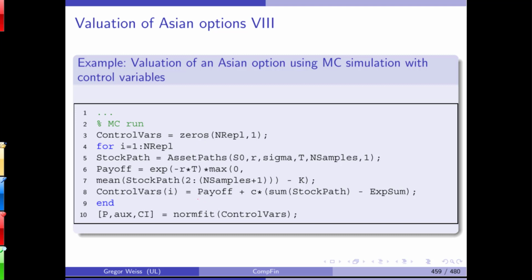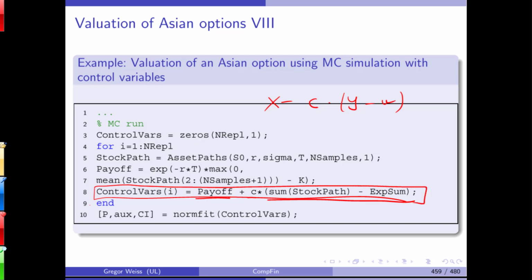We do payoff plus c times stock path minus the expected sum. So this is x minus c times y minus nu. This is here. So control vars is actually x star, xc. This is xc. And then we take the mean, not of x, but of xc.